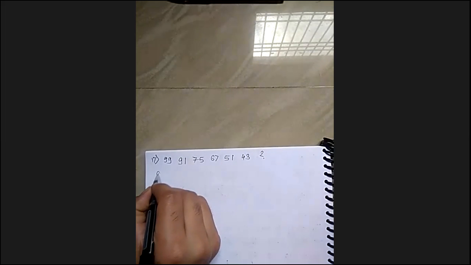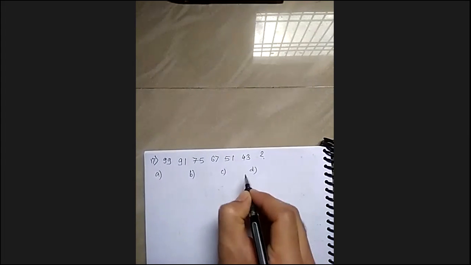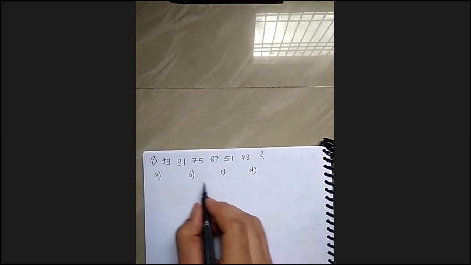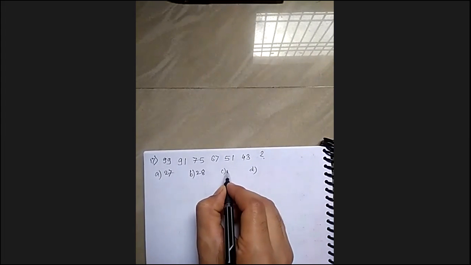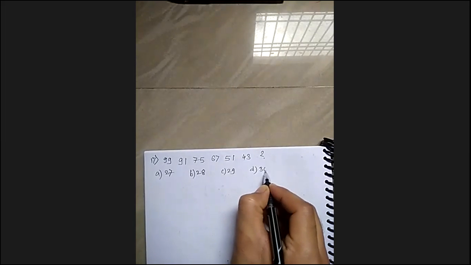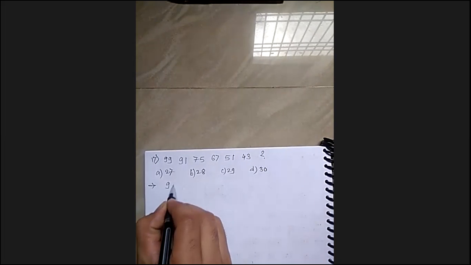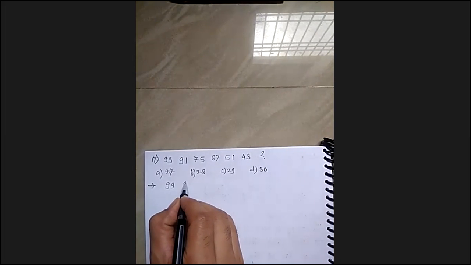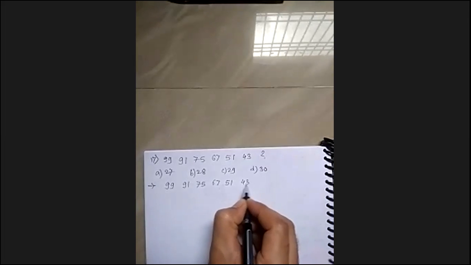What is the answer? A, B, C, D. And your options are 27, 28, 29, 30. So your numbers are 99, 91, 75, 67, 51, 43. Okay.